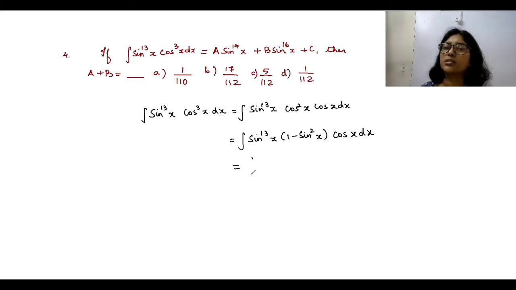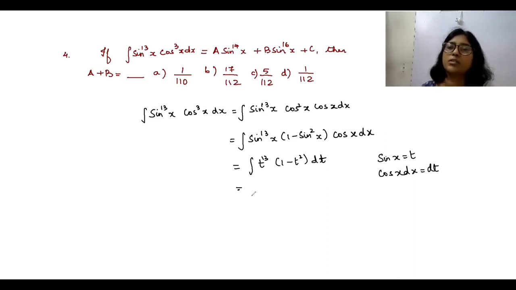Now sin x is t and cos x dx will become dt. Okay, so that is integration t raised to 13 minus t raised to 15. Integrate.